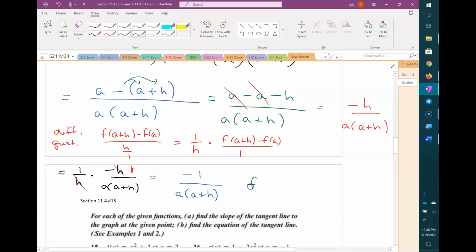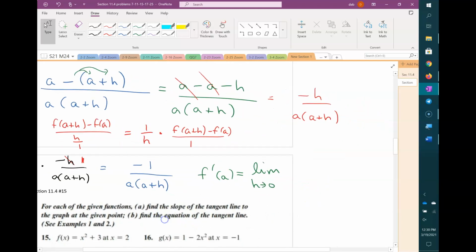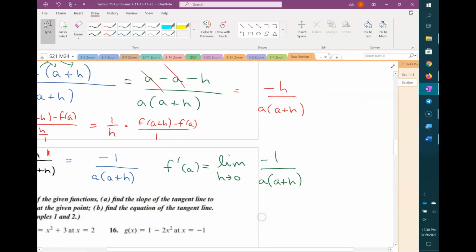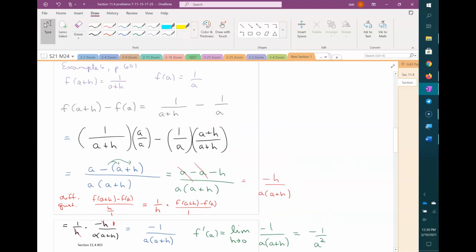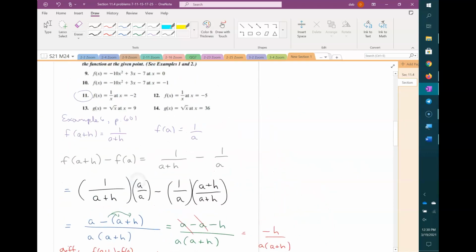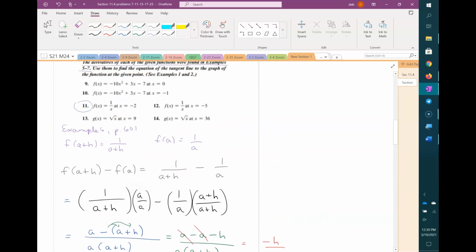Now I want to find f prime of a, which is the limit as h goes to 0 of -1 over a times a plus h. So the h is going to go to 0, and I'm going to have -1 over a squared. So that's in general. And then this particular problem asks, well, what about at x equals -2?